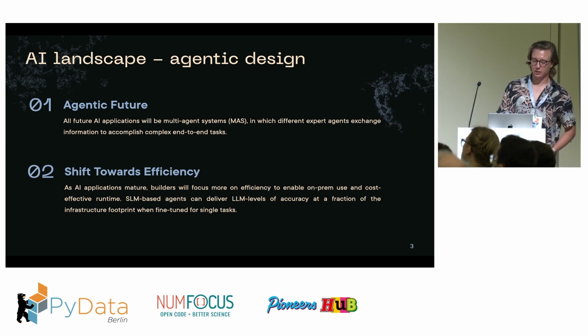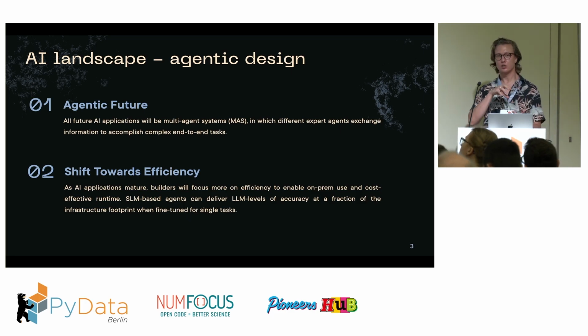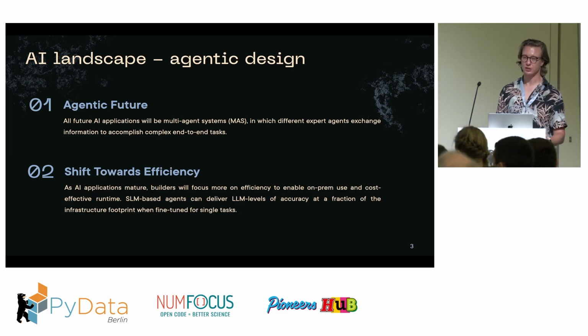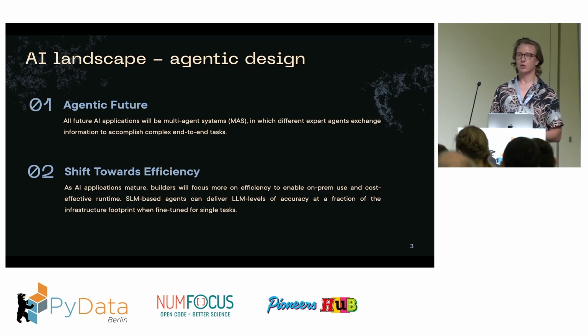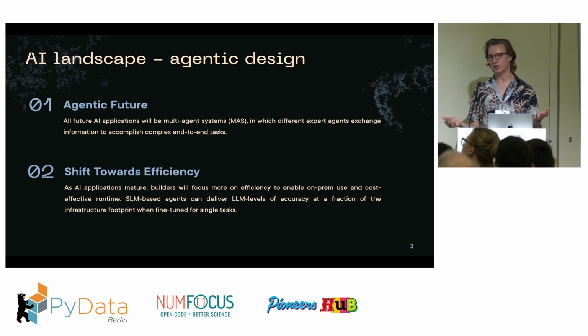But the idea is that if you have this notion of a multi-agent system, a system composed of smaller individual agents that together can work on a very complex problem, the second question that comes in is efficiency. If you chain 10 LLM prompts, you're really running into the problems I've just discussed. You cannot deploy it anywhere. The latency is off the charts. Even the cost can be high.